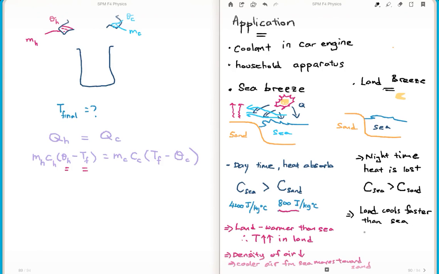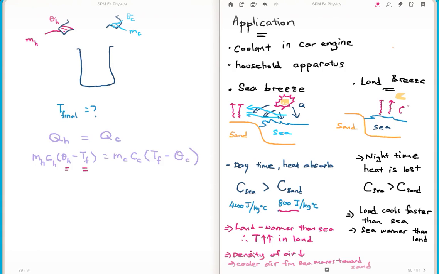So the sea is now warmer than the land. It's very hot, the density decreases.